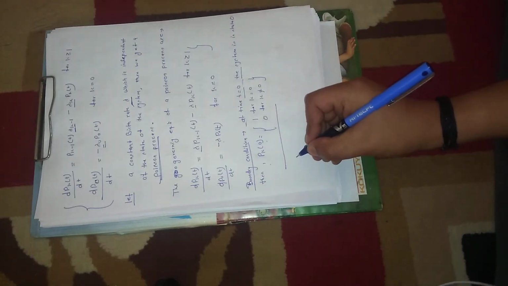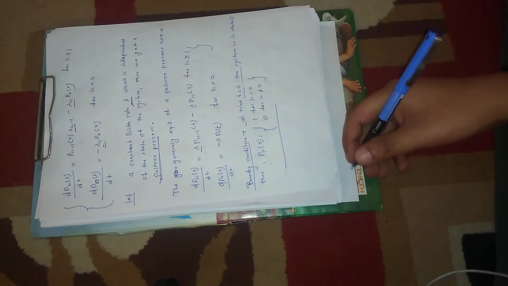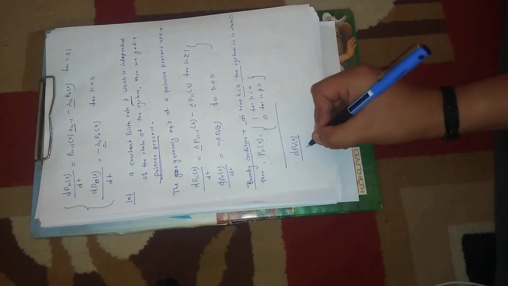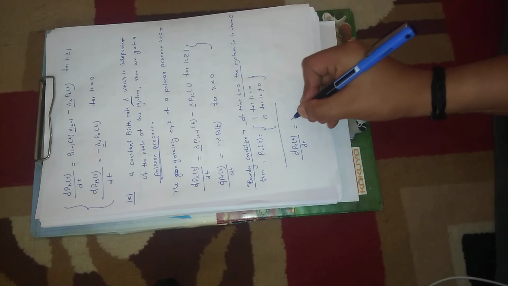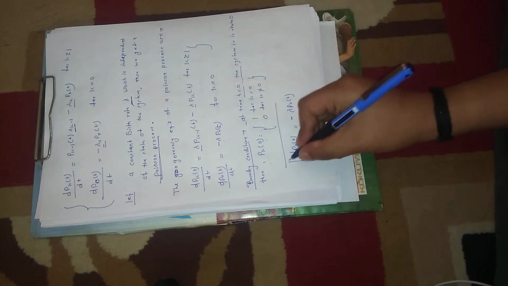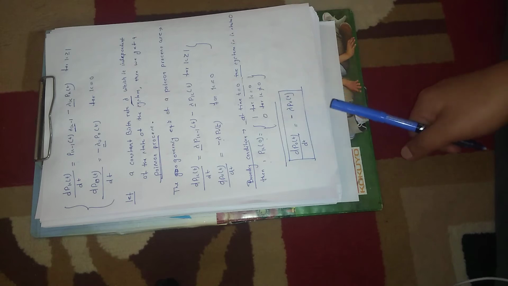Now applying the boundary condition in both these equations, we get dp_0(t)/dt equals minus lambda p_0(t).